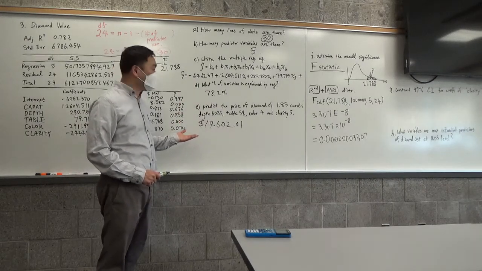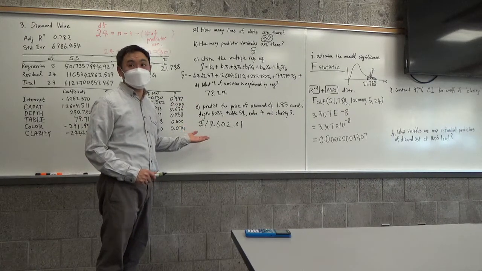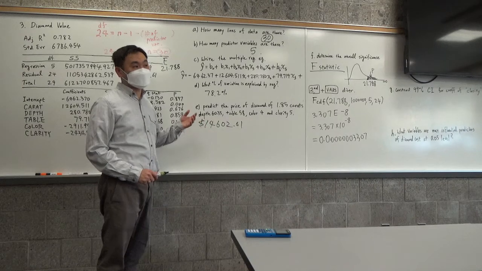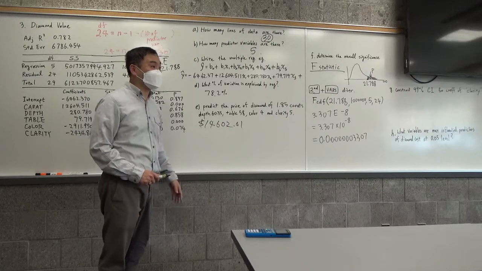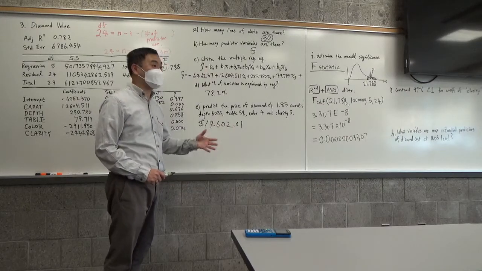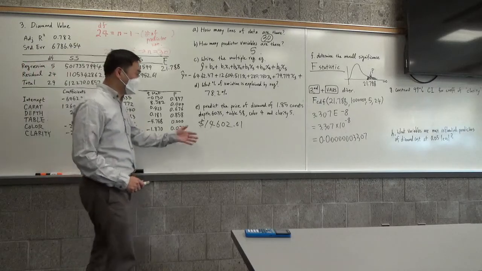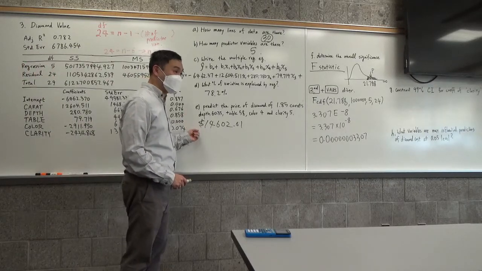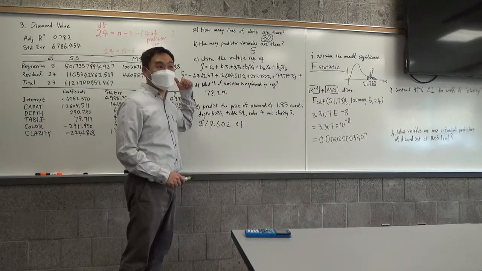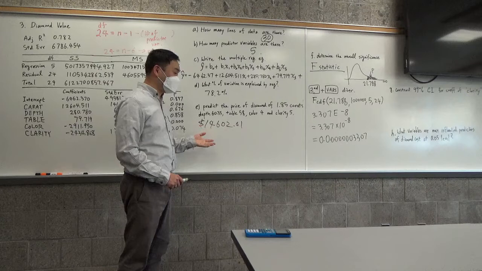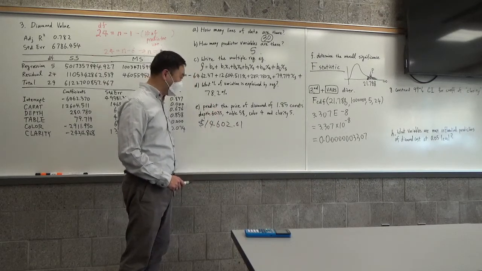Okay? Then if you can't use it, what should you use instead? Now, if you can't use the regression, just use the average value of the diamonds in the table, and that's your answer. Of course, that's not given to us, so we can't answer in that case. So we really had no choice when we were solving E. We were using it thinking that since we're not given the average value of the diamond values, we don't have any other choice than to use the regression equation.